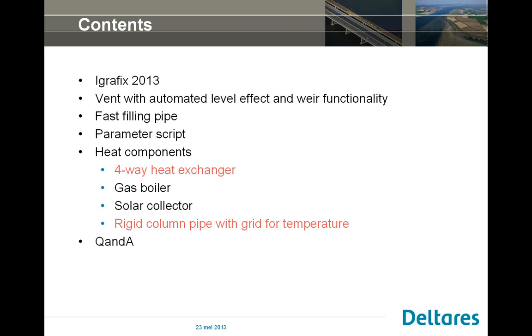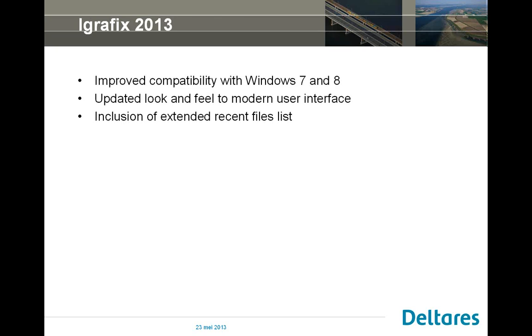Then there's a new fast filling pipe. I want to talk about the parameter script. And at the end I want to talk about some new heat components which will be included: the four-way heat exchanger and the rigid column pipe with a grid for the temperature. But let us start with iGraphics 2013.